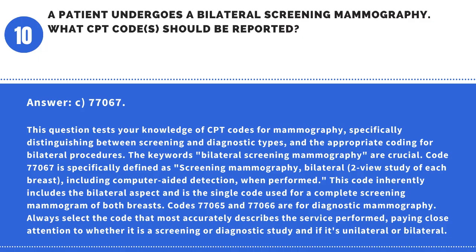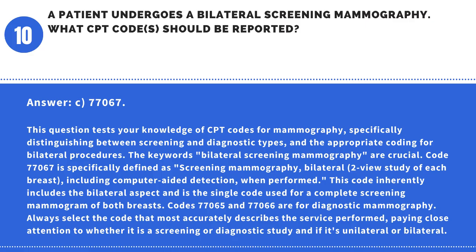77067. This question tests your knowledge of CPT codes for mammography, specifically distinguishing between screening and diagnostic types, and the appropriate coding for bilateral procedures. The keywords bilateral screening mammography are crucial. Code 77067 is specifically defined as screening mammography, bilateral, two-view study of each breast, including computer-aided detection when performed.